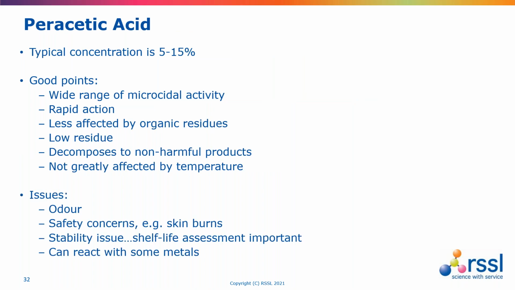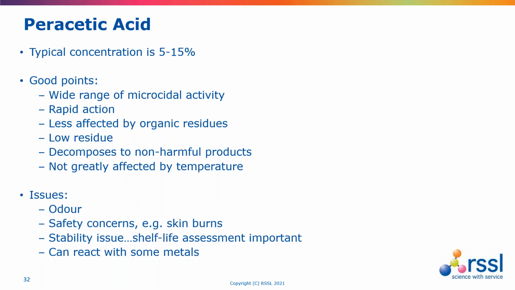steel. Then there is peracetic acid, which functions as an oxidizer, penetrating the outer cell membrane and the outer layers of the spore coat, and it is fairly good at rapid deactivation of the cell.